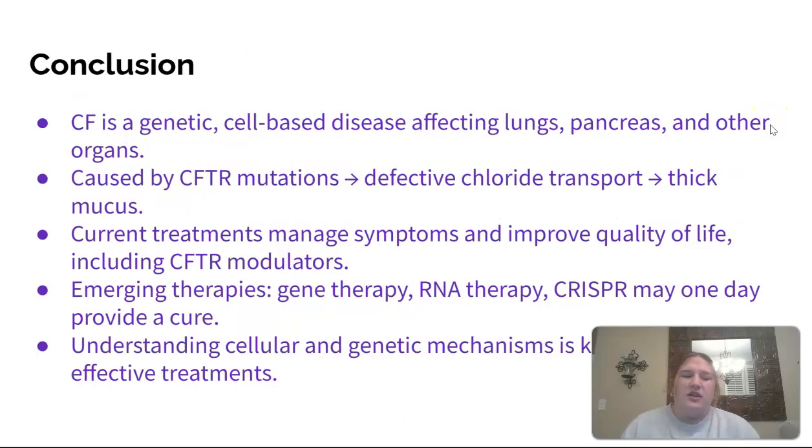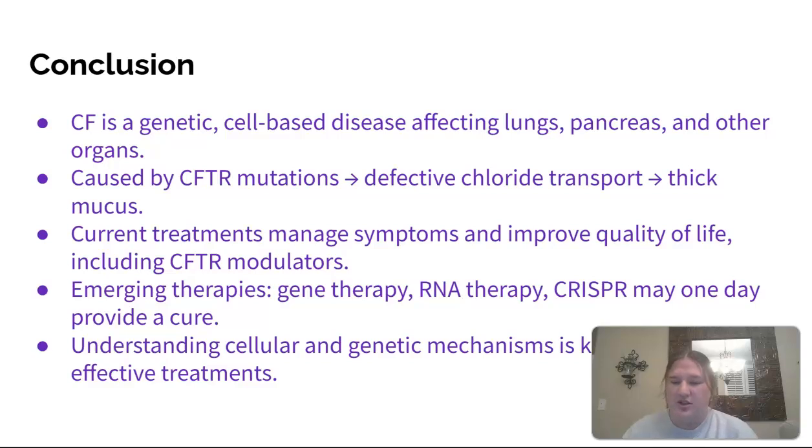And in conclusion, cystic fibrosis is a genetic cell-based disease affecting the lungs, pancreas, and other organs. It's caused by the CFTR mutations, which leads to defective chloride transport, which leads to thick mucus. Current treatments manage symptoms and improve quality of life, including the CFTR modulators. And emerging therapies, so there's gene therapy, RNA therapy, CRISPR, and they may one day provide a cure.